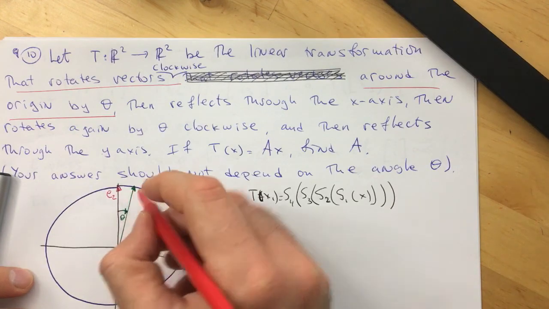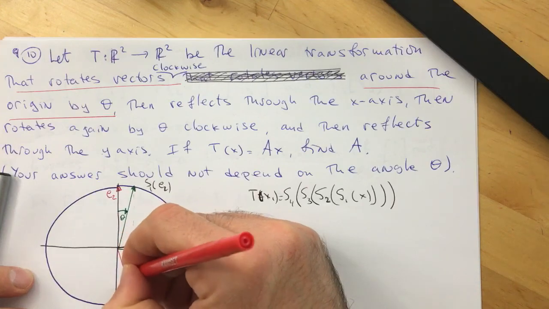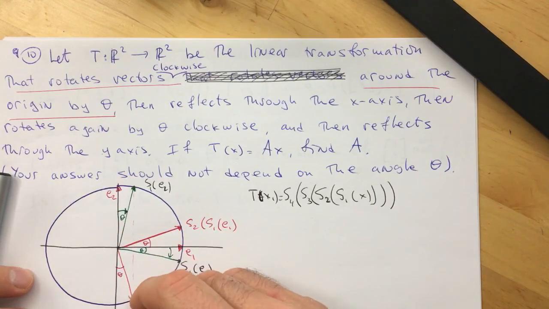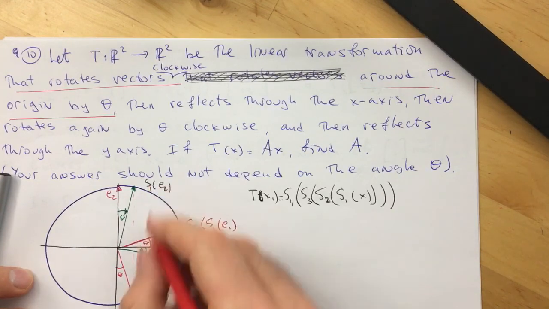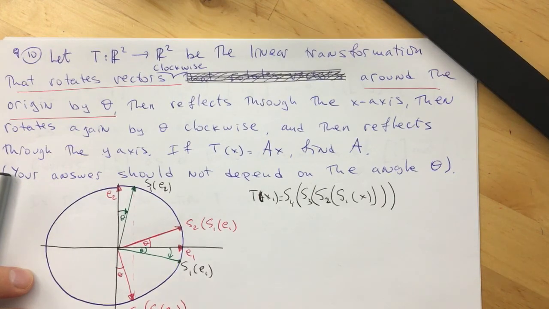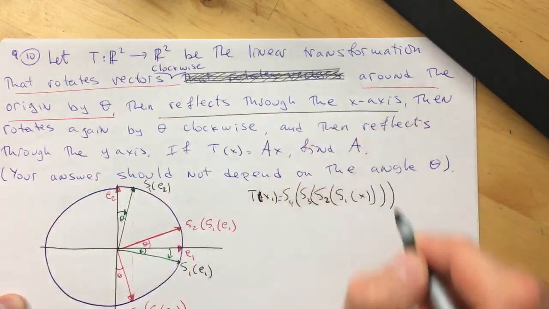We're going to reflect this through the x-axis. This is going to be the angle theta here, and then you get, as you will see why it is important, S2 of S1 of e2, okay?